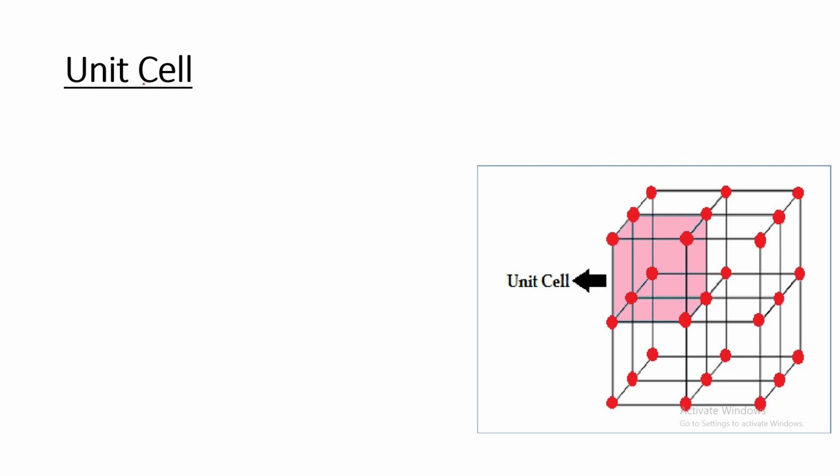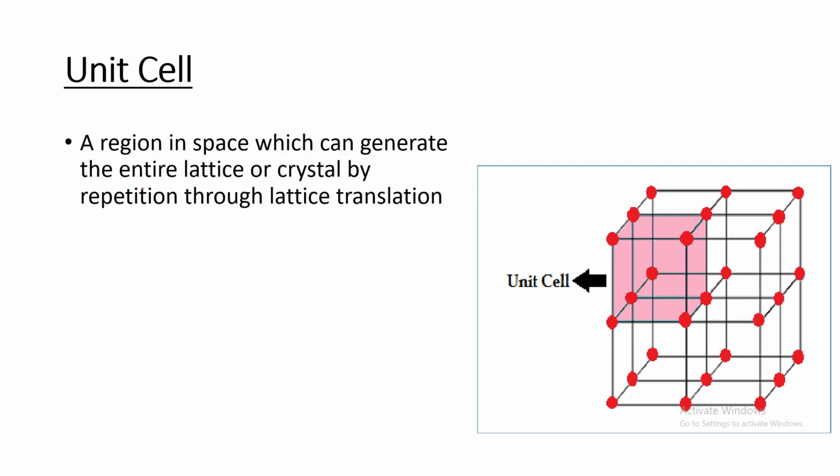Now coming to the most important part, that is the unit cell. Here you can see the unit cell. Unit cell is defined as a region in space which can generate the entire lattice or crystal by repetition through lattice translation. You can see this is the region here, this is the unit cell.